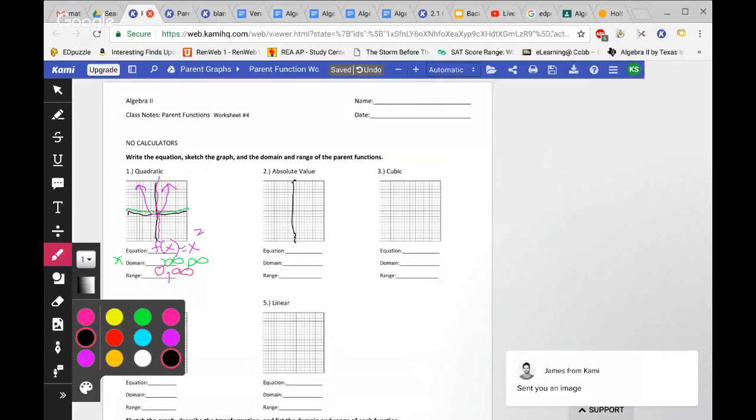Absolute value is kind of similar in that it has a similar shape. One's a U, one's a V. But the equation is f of x equals the absolute value of x.